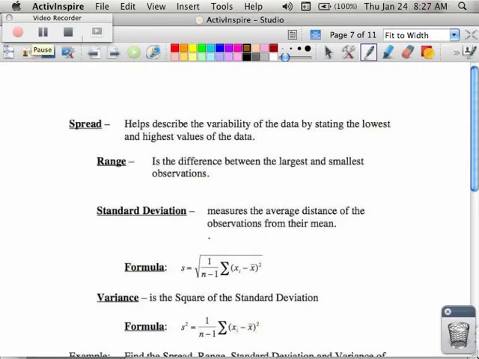Okay, in this next slide, we're going to talk about some other measures. Spread is the variability of your data, talking about the lowest and the highest values. So basically, all you got to do with the spread is take the big minus the small. That's for the spread.